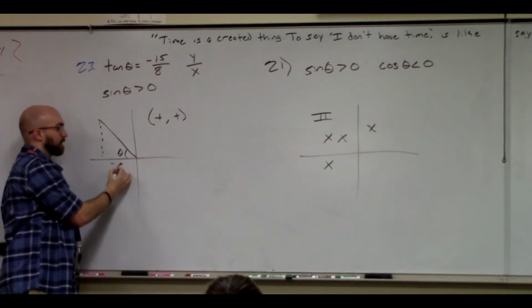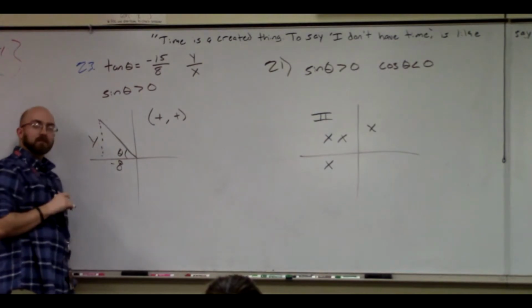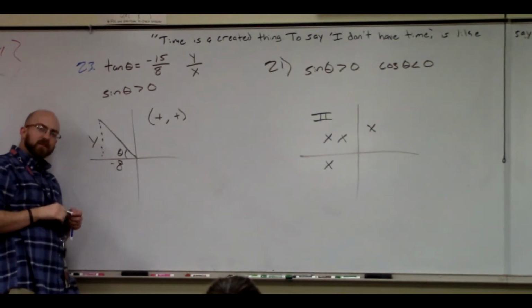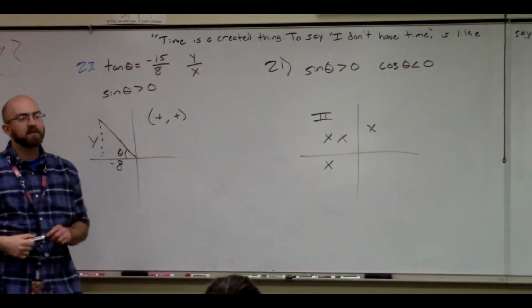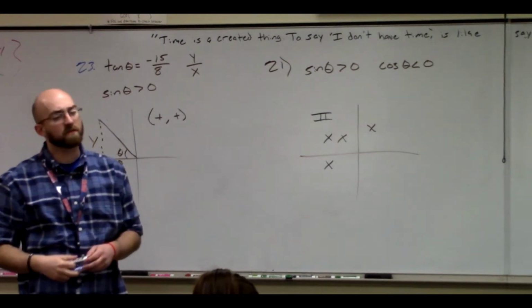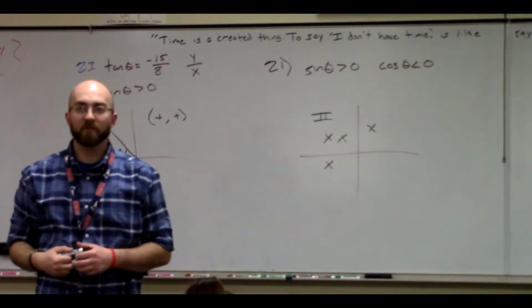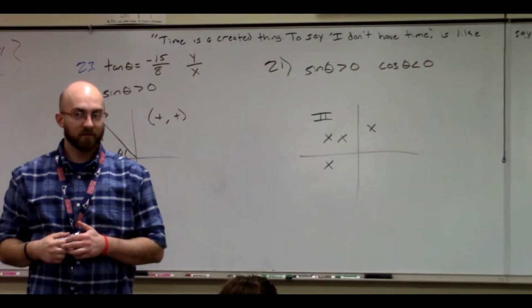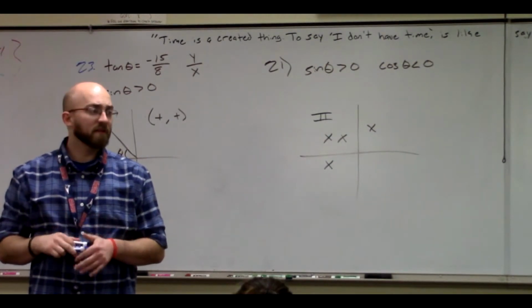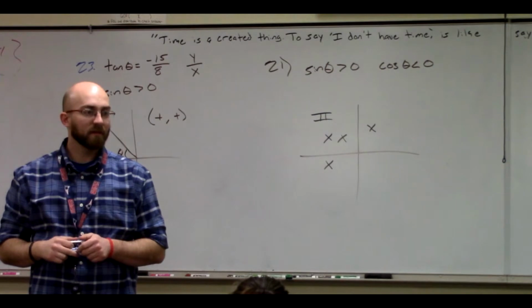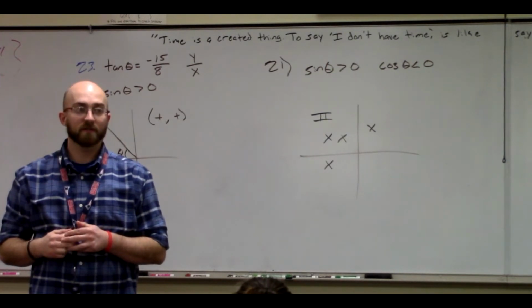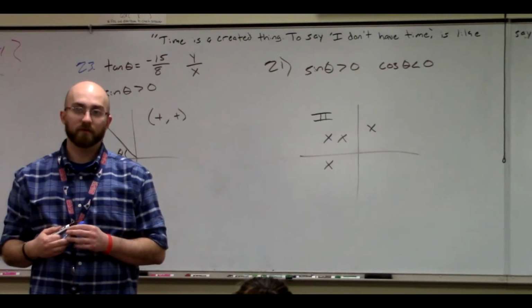Why? What is sine again? Sine is related to which value, x or y? The y value. That's the first thing I had you write down from 4.1. It's the first thing on the unit circle. Sine is the y value.